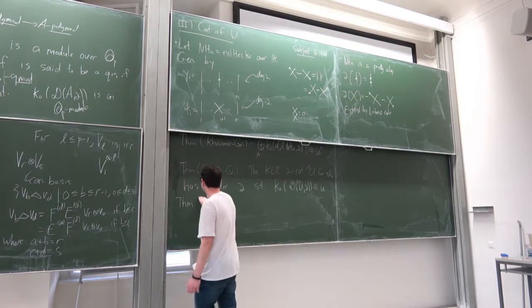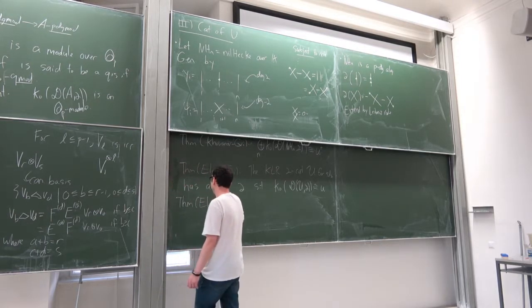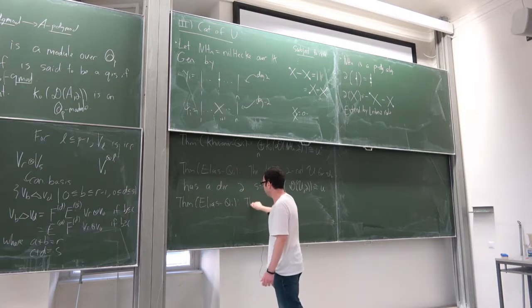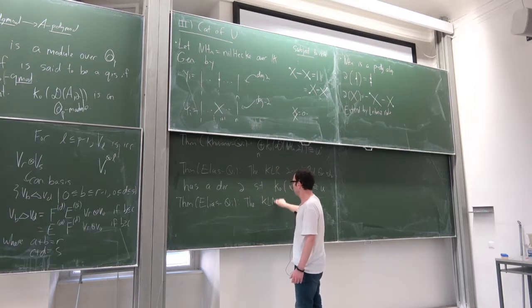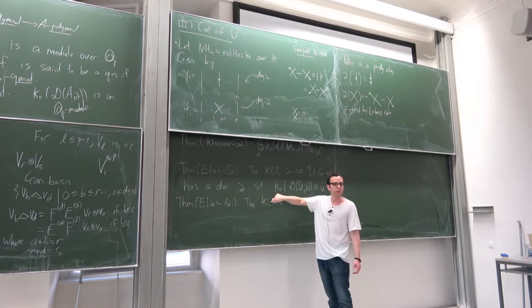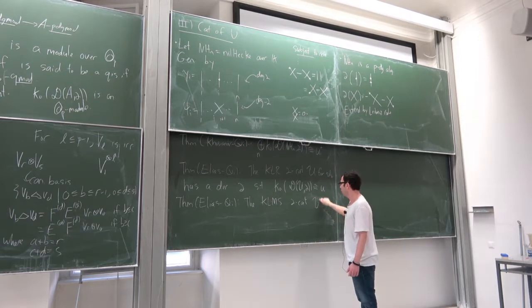And then one final theorem in this section. This is in a follow-up paper by Elias and Qi. The KLMS 2-category. So this stands for Khovanov, Lauda, Mackaay, and Stošić. U dot.